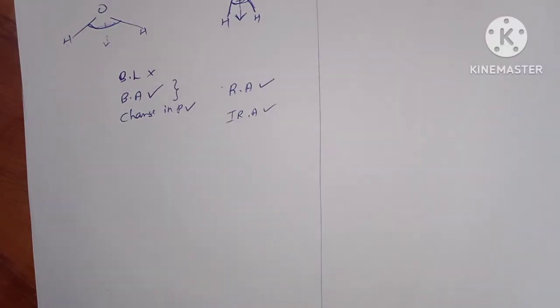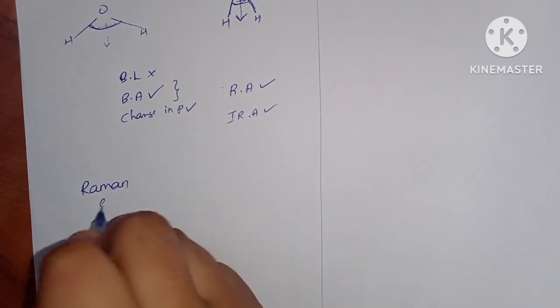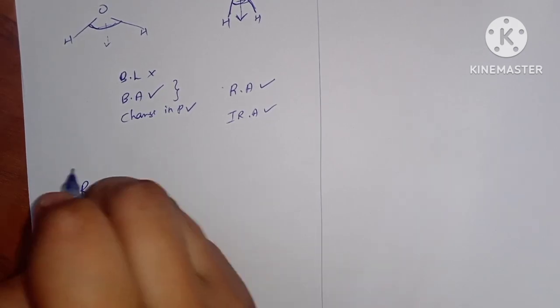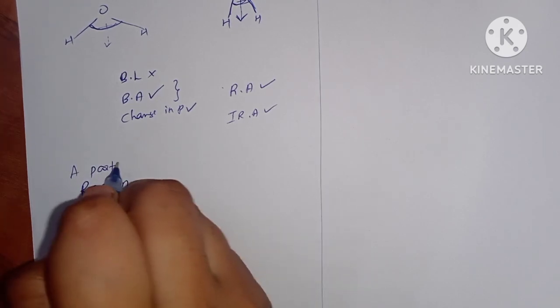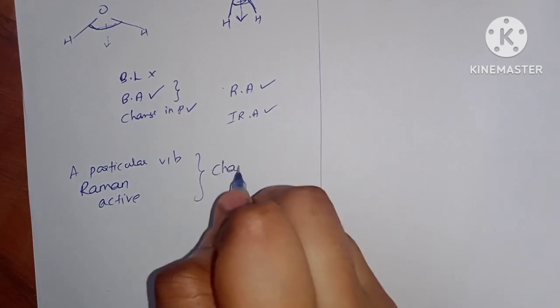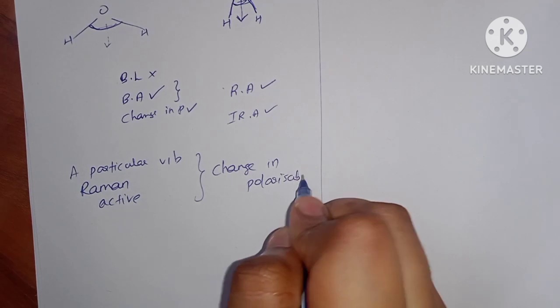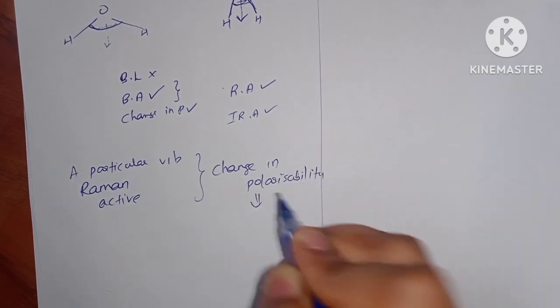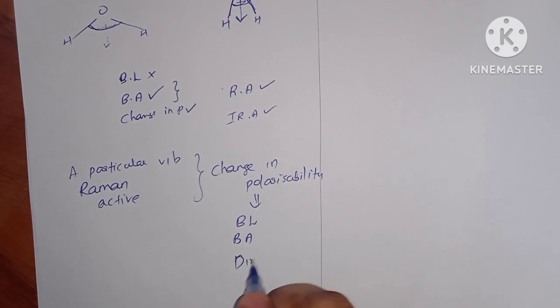So this is the way to check whether a particular vibration is Raman active or not, using the change in polarizability technique. And this polarizability depends upon change in bond length, change in bond angle, and change in direction of polarization.